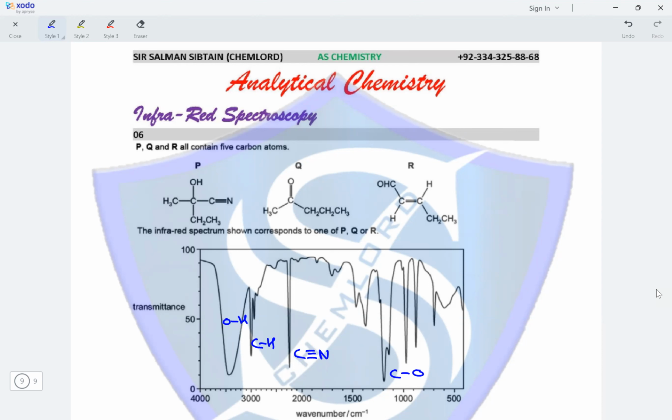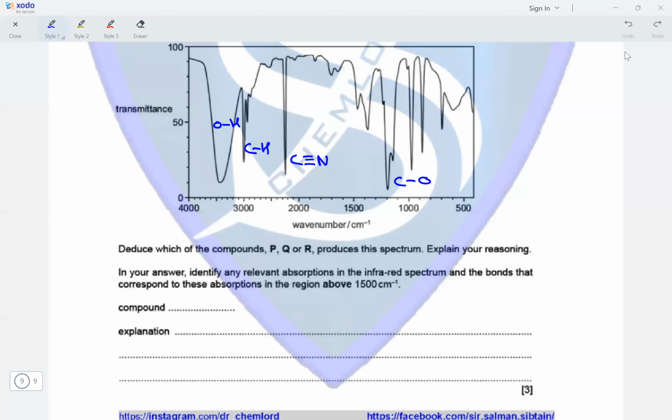And this peak seems to be present in the given infrared spectrum. Deduce which of the compounds P, Q, or R produces the spectrum. Explain your reasoning. In your answer, identify any relevant absorptions in the infrared spectrum and the bonds that correspond to these absorptions in the region above 1500. So that eliminates the C single bond O.